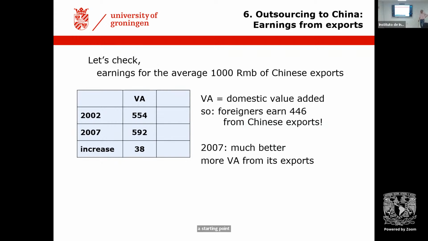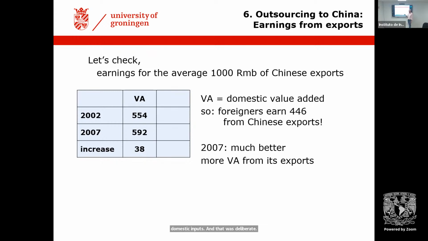But then we realized that China started pushing to produce more with domestic inputs. So what we see is that the processing exports depend less on imports and slightly more on domestic inputs. And that was a deliberate policy choice.